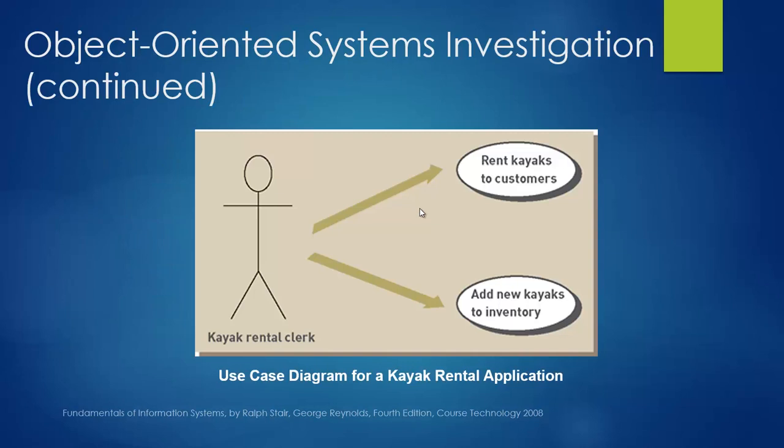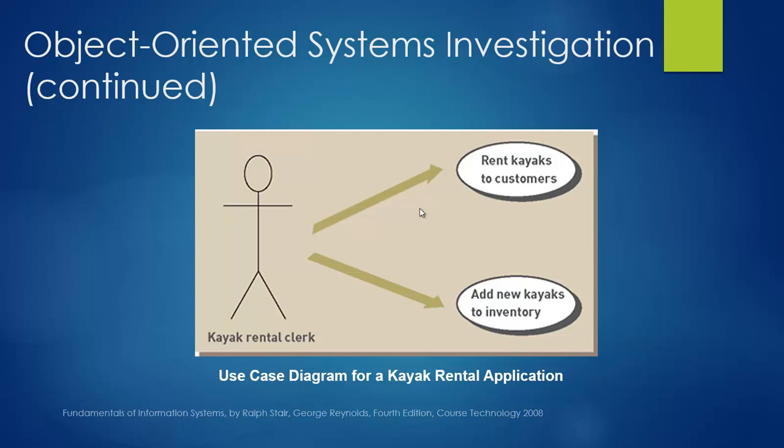This is an example of a system like a boat or kayak rental system. You can see that we have kayaks, we have a clerk, and the clerk will rent the kayaks to the customer, and we can purchase new kayaks that can be added to the inventory, or if the customer releases it or returns it, then it will be added back to the inventory to make sure that the inventory is complete.